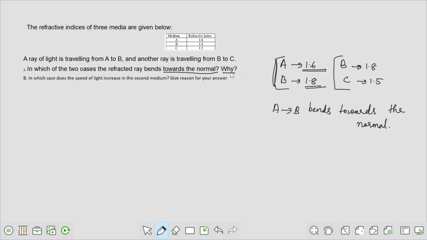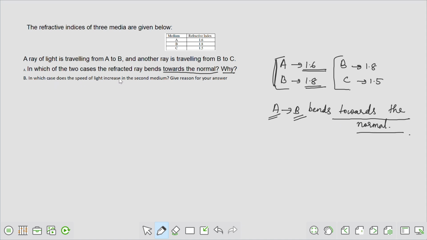So what is the reason? That is the question. First we have identified that the light ray passing from A to B will bend towards the normal. Now we have to give justification why. Because A is optically rarer, B is optically denser. So if a ray of light passes from optically rarer to optically denser, it will always bend towards the normal.